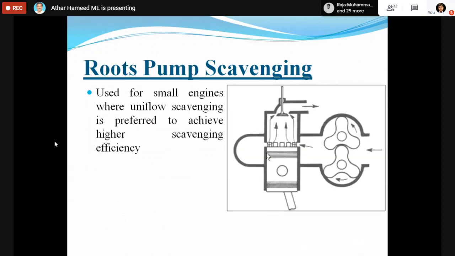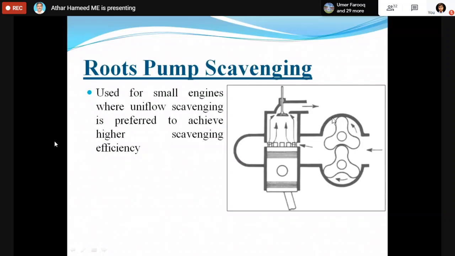Then there is root pump scavenging. In root pump scavenging, we have another arrangement of these types of pumping system. It is used for small engines where uniflow scavenging is preferred to achieve higher scavenging efficiency. In uniflow scavenging, we have an exhaust valve.